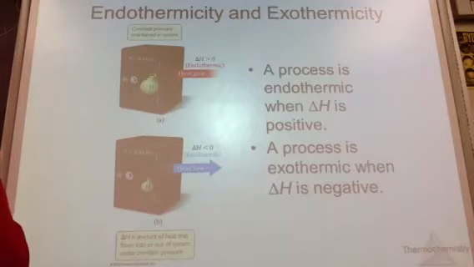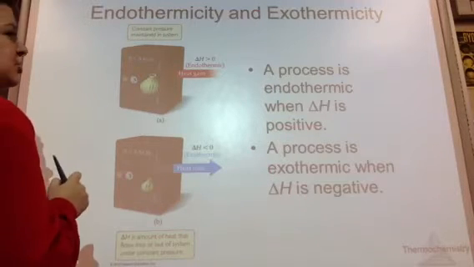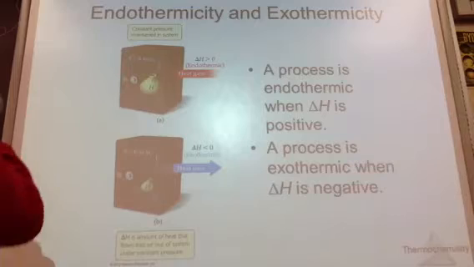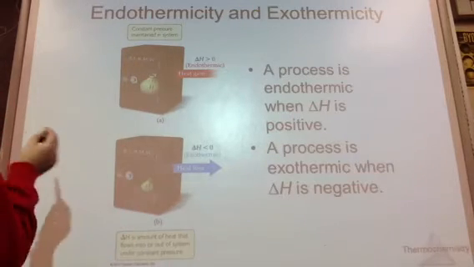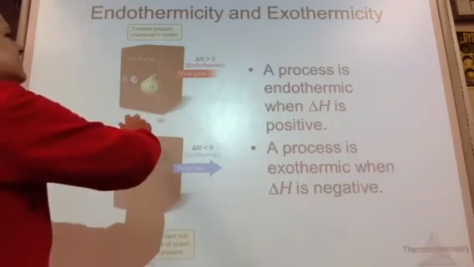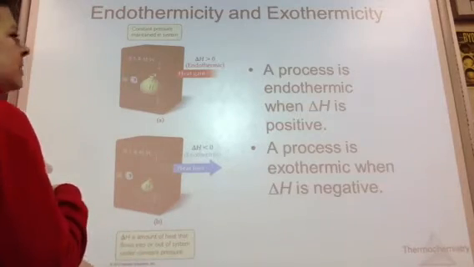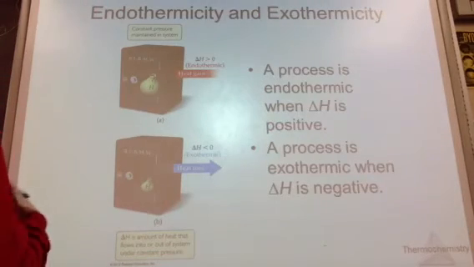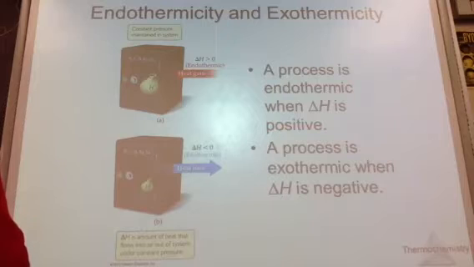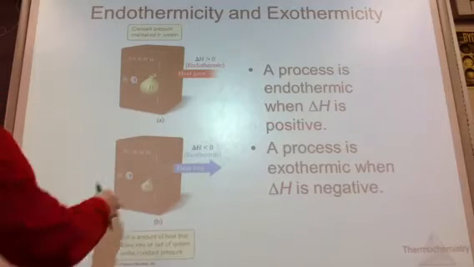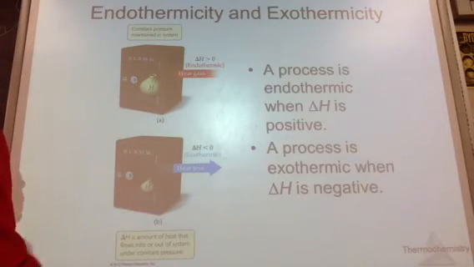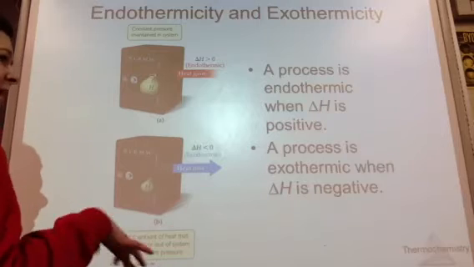So a process is endothermic when my change in enthalpy is positive. And that change in enthalpy being positive means that my system is going to gain some type of heat. So delta H is positive. If we go back to our savings account analogy, I'm going to put some money in the bank.